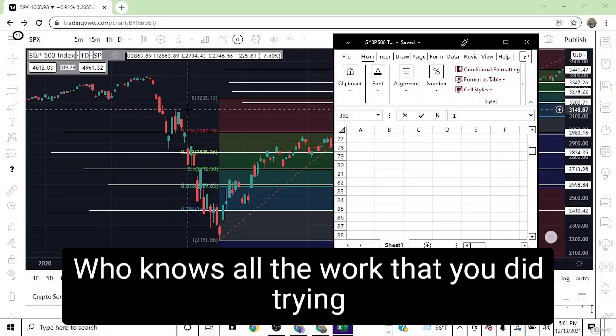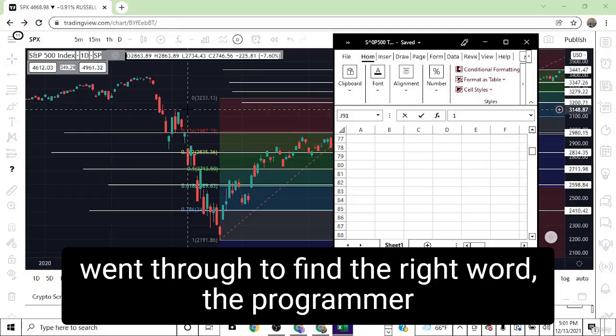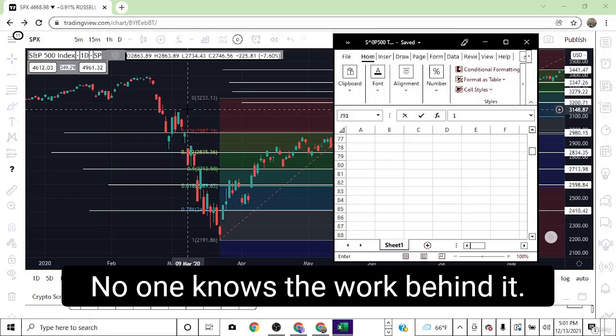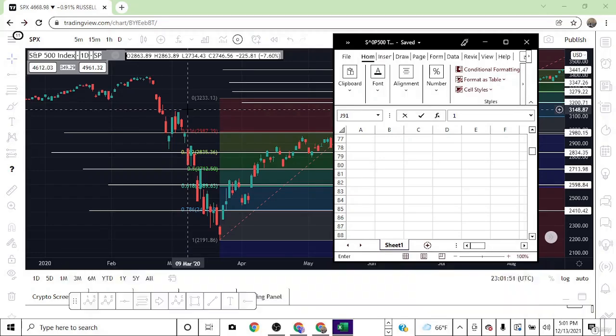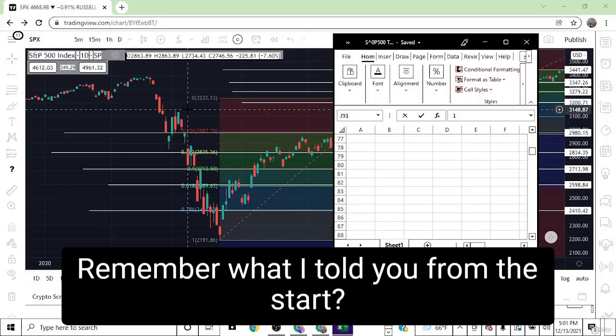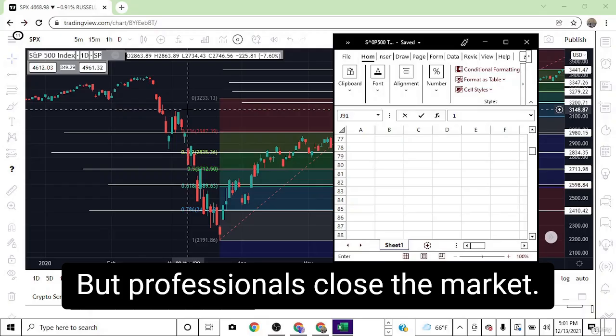Who knows all the work that you did on your outline, the thesaurus that you went through to find the right word, the grammar, the pronunciation, the thought process that went into your work? No one knows the work behind it. This is the work of technical analysis. This is what I'm teaching you guys. This is trading. This is becoming a professional. Remember what I told you from the start: amateurs open the market, but professionals close the market.